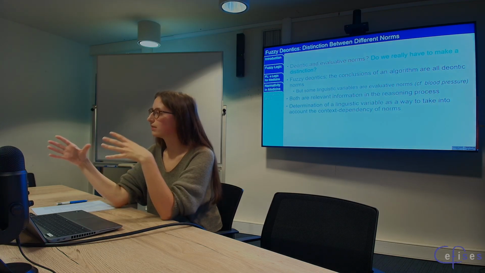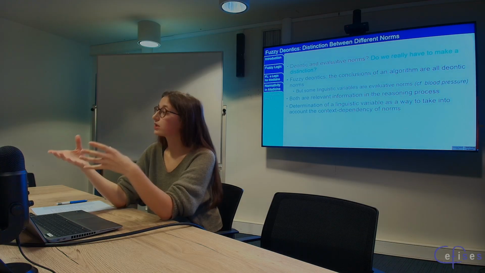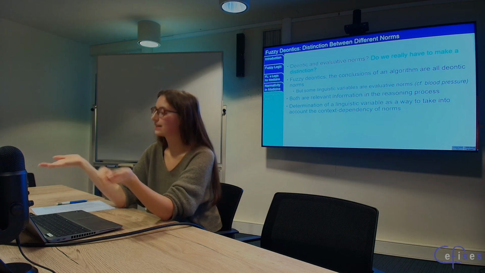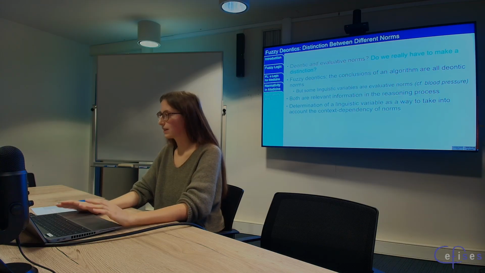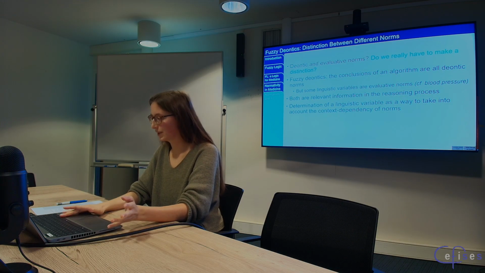So we may change the data, and we may change the evaluation of the data. So it may be a way to take into account the context dependency of norms. I'm really not sure about that, but it seems that we can.